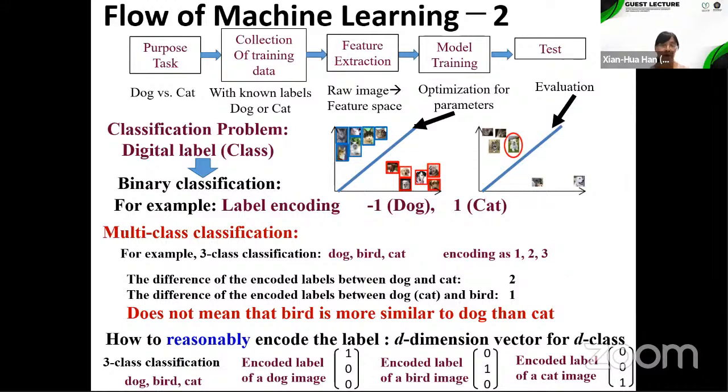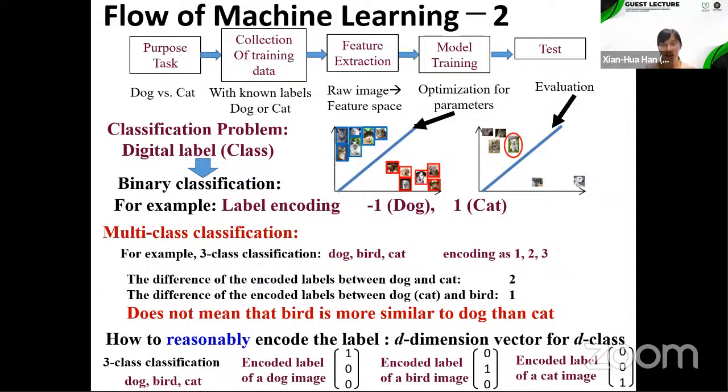Such as for this 3-class recognition task, dog, bird, and cat recognition problem, we can encode dog labels into 3-dimension vectors like 1, 0, 0.